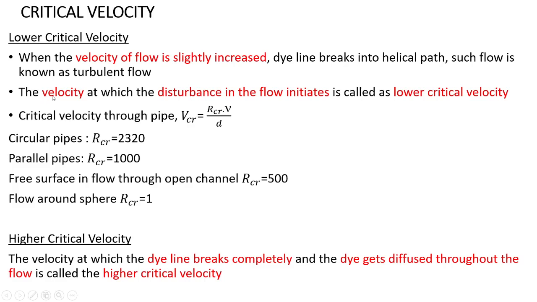The lower critical velocity was the velocity at which the disturbance in the flow is initiated, meaning the flow pattern of the dye in the water was disturbed. And the higher critical velocity was the velocity at which the dye broke and was completely mixed with the water. That was the higher critical velocity.